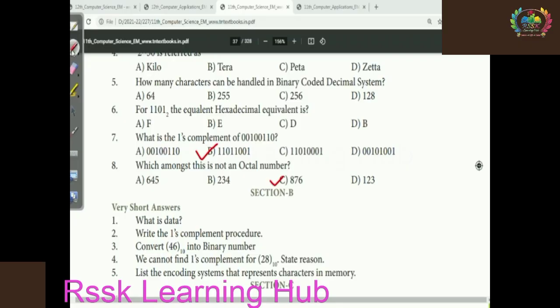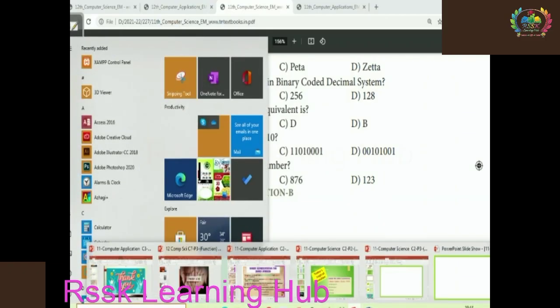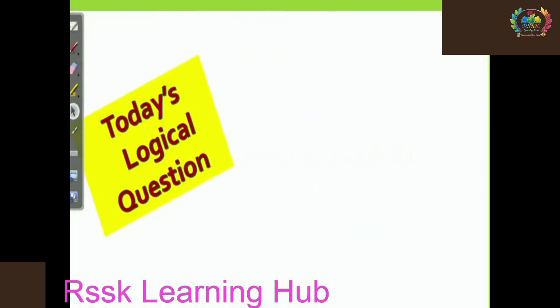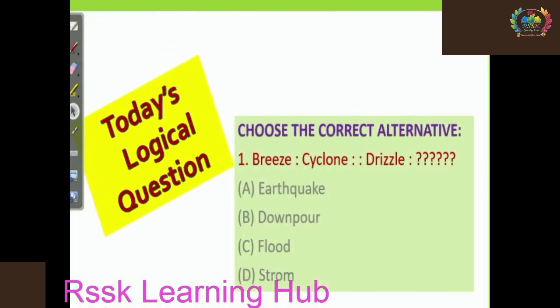Okay, students. Hope you all understood the class well. Let us find the answer for the puzzle that we discussed in the last session. Can you remember what puzzle we had? In the last session I gave you one puzzle: breeze is to cyclone as drizzle is to what?